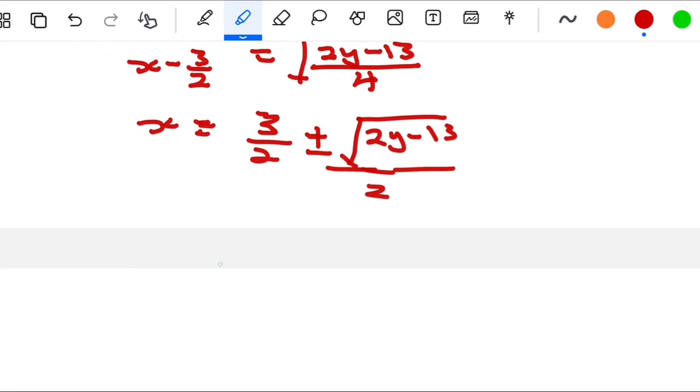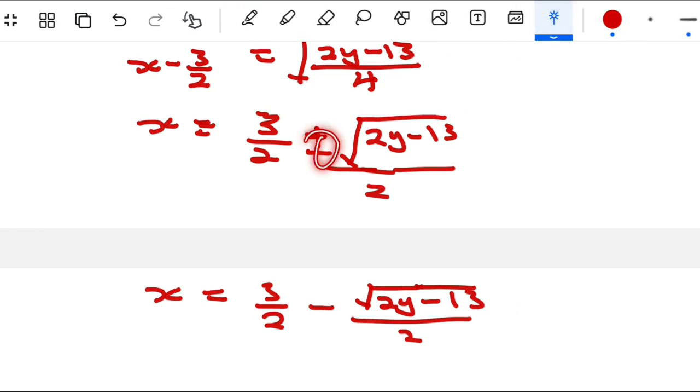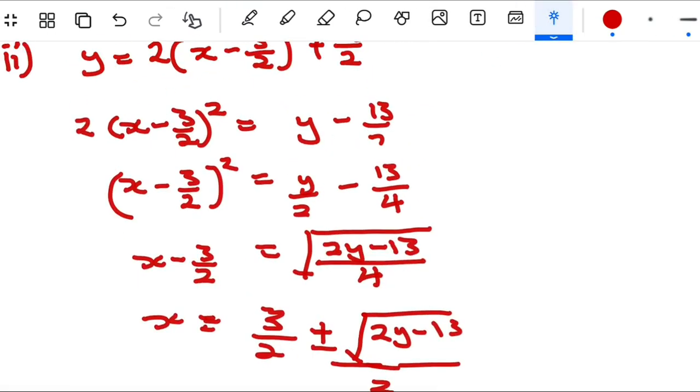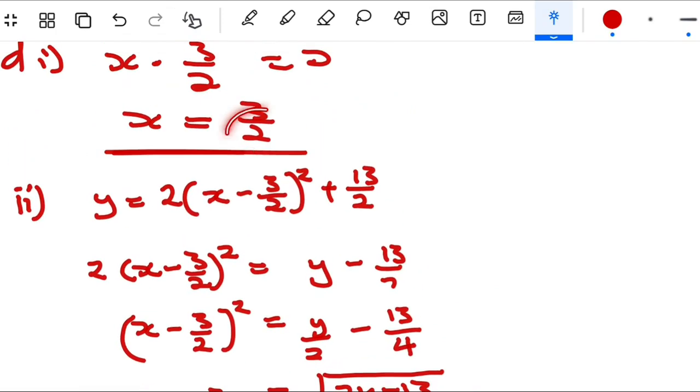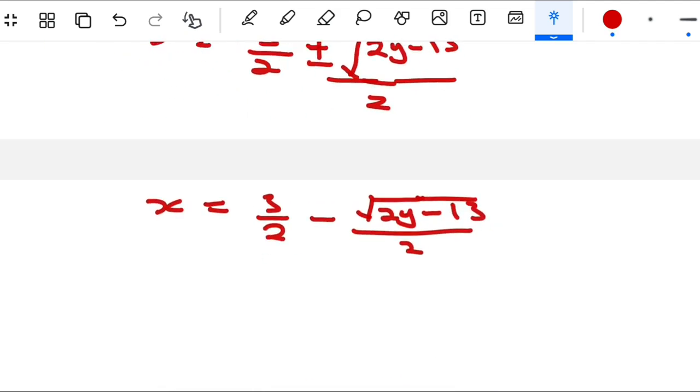Okay, then x equals 3 over 2 minus root of 2y minus 13 over 2. The reason why we're eliminating the plus here is because of our domain, which said this one is a maximum, so we don't want anything that adds to this one. So here we're going to have something that subtracts from that one.